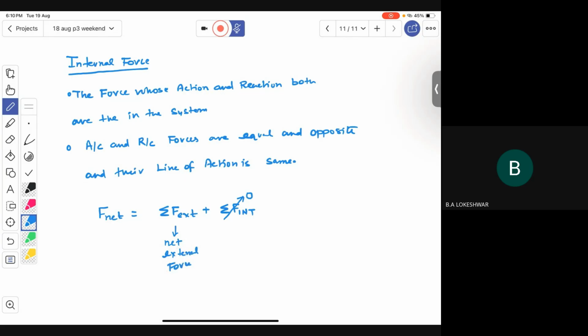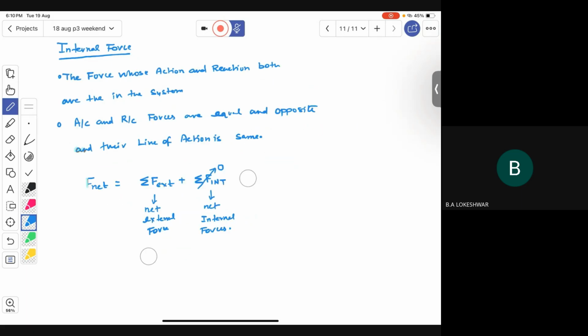And net internal force is always going to add up to 0. That is something understandable by everyone. Because every pair will have one guy which is equal and opposite. So every pair will add up to 0. So the total sum of such pairs will be 0 only. So the sum of net internal force is always 0.